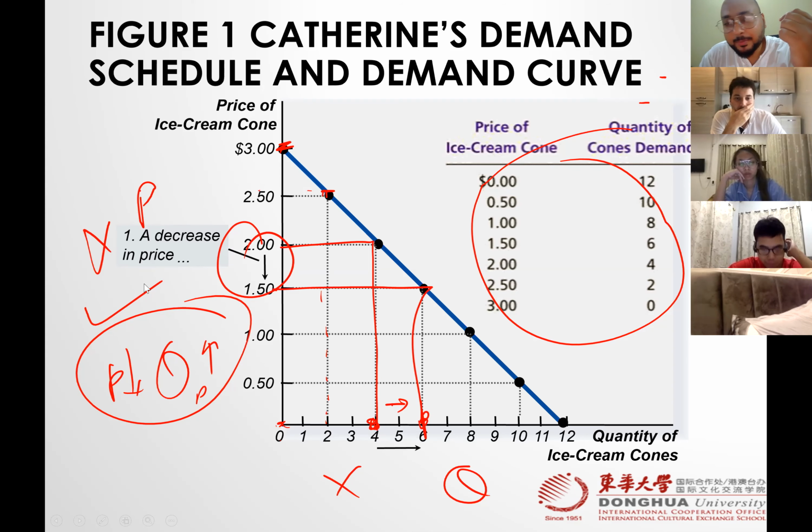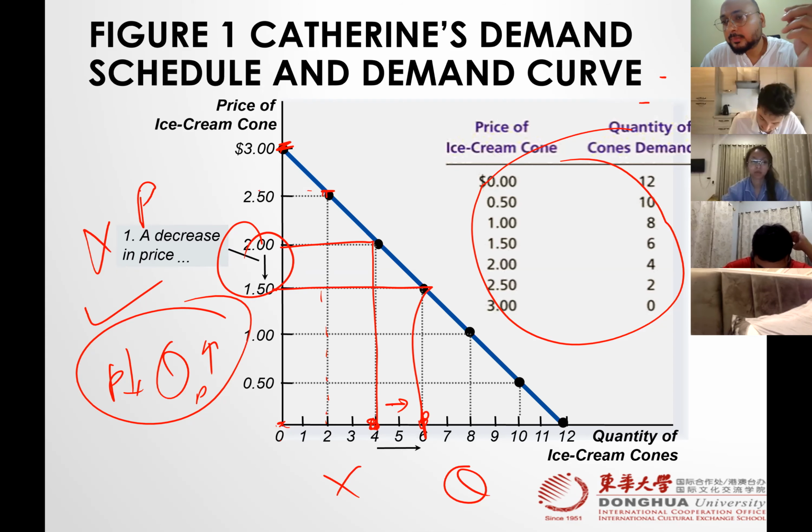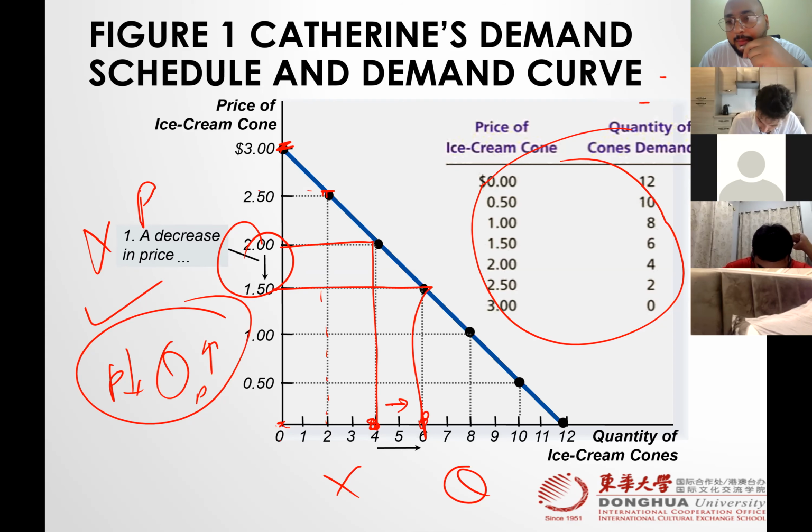So we have developed the definition of demand. Number one, the demand curve is downward sloping. Number two, the relationship is that as the price decreases, quantity demanded rises. Third, it is the willingness and ability to buy the goods. So we can define demand from different perspectives. Right, guys?